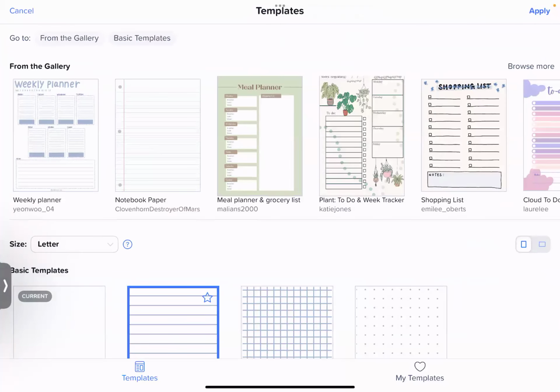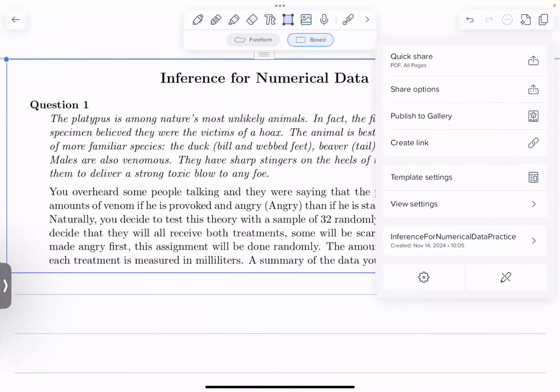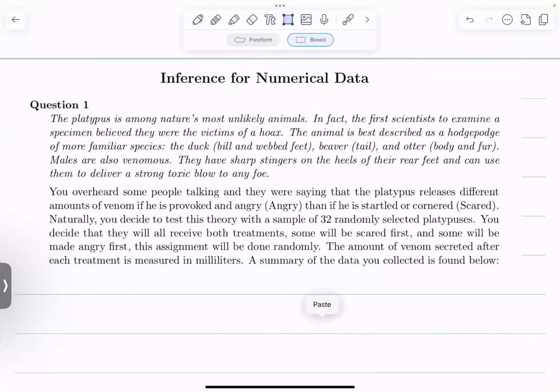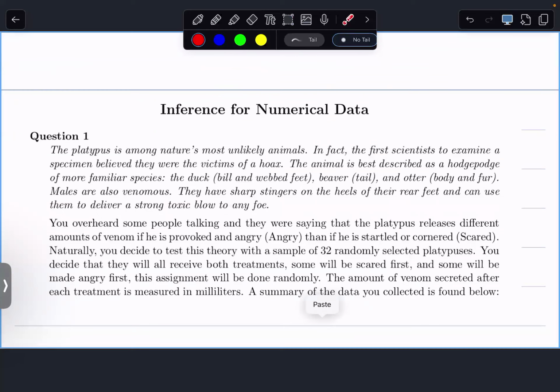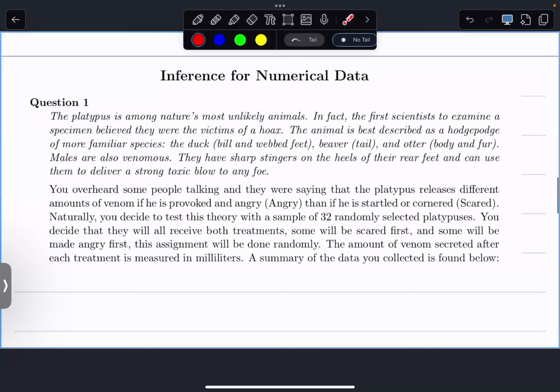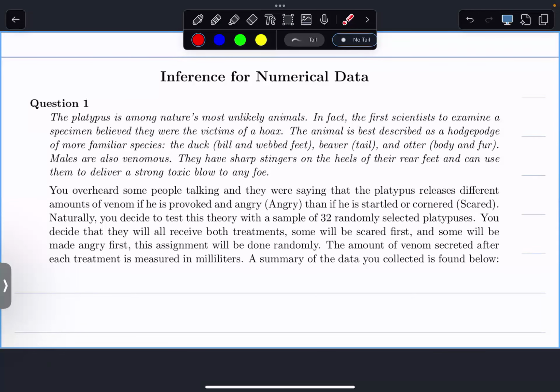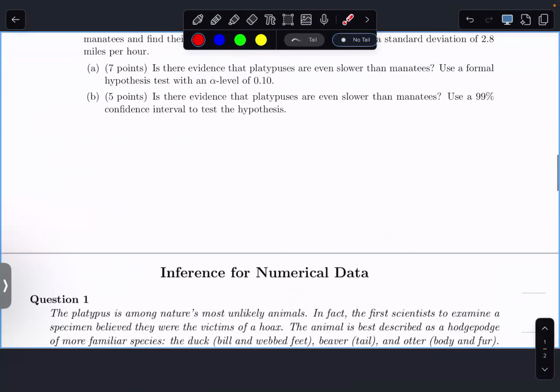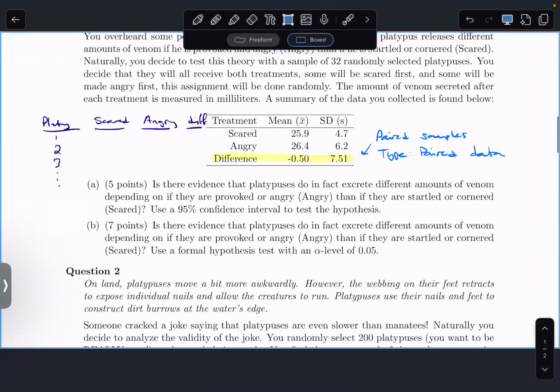Template settings, lines, apply. I have no idea why it won't let me do it while it's hooked up, but it doesn't. Okay.